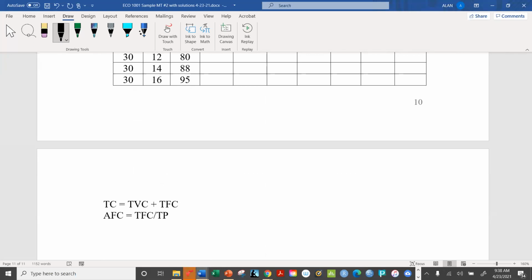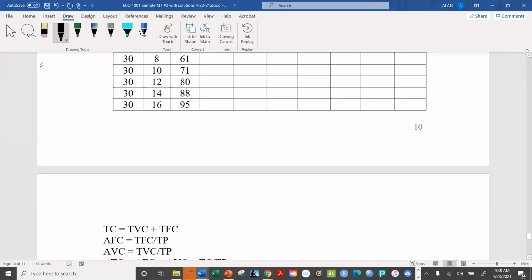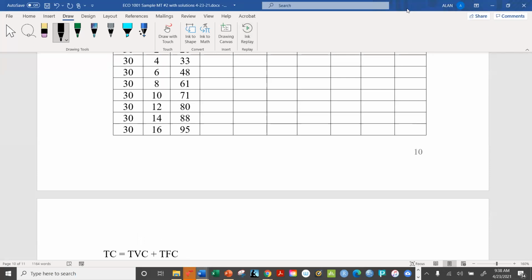All right, now, what about the others? Average variable cost equals total variable over total product. Average total cost, you can just add these two together or just do total cost over TP. And of course, the marginal cost is the change in total cost divided by the change in total output.